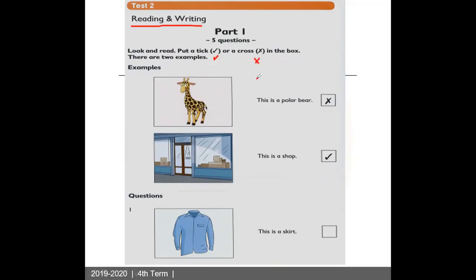There are 2 examples. First example, this is a polar bear. Is this a polar bear? No, it isn't. So what is this animal? Yeah, we learned this. It's a giraffe.